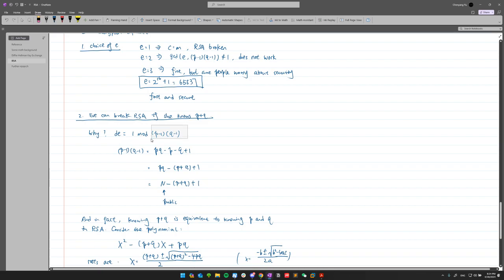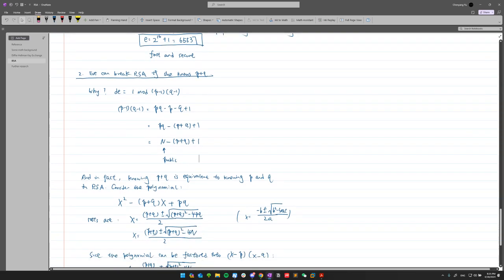We can expand that formula a little bit. You can see it is P times Q minus P minus Q. Then you group them together as minus parentheses P plus Q. P times Q is just N, which is public knowledge. You have that, right? So if you know the answer of P plus Q, it is equivalent to breaking the RSA system. Okay.